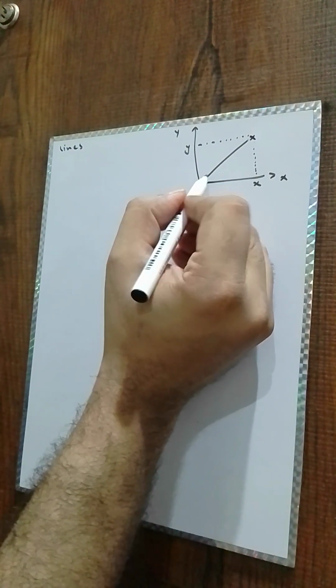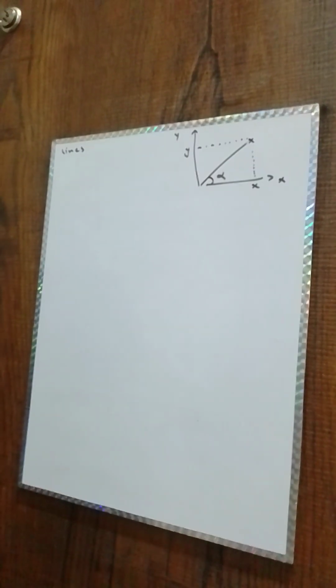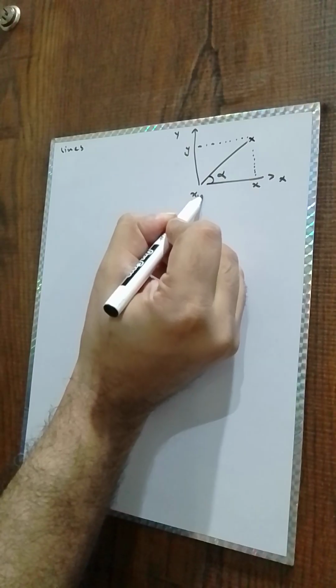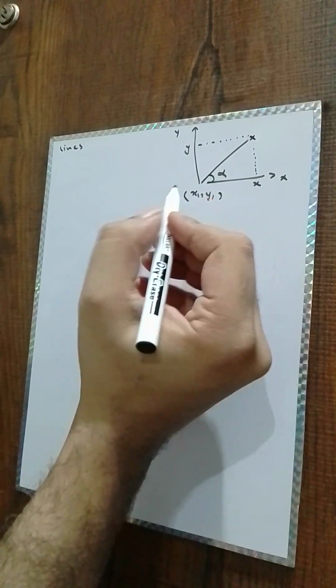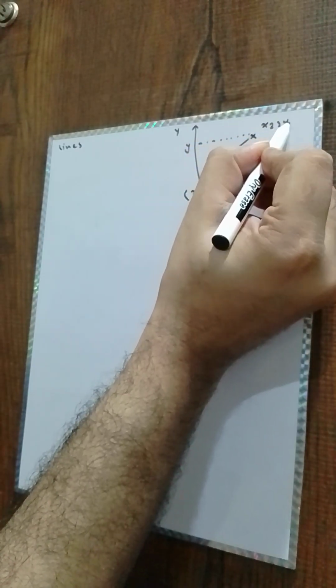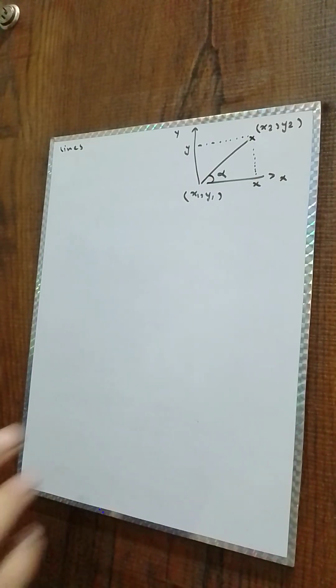For example, this is the inclination angle alpha, and now we define x1 y1 at the origin or in the beginning somewhere, and x2 y2, the second point on the line, can be the final point of the line as well.